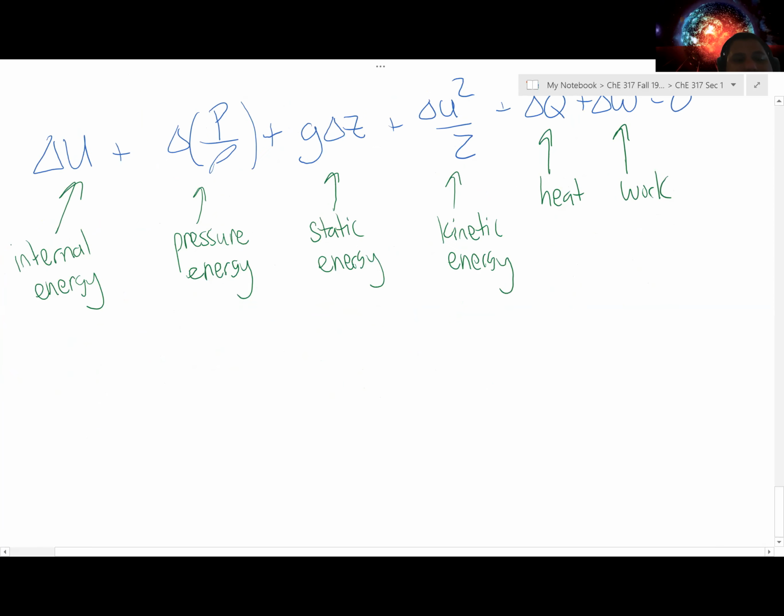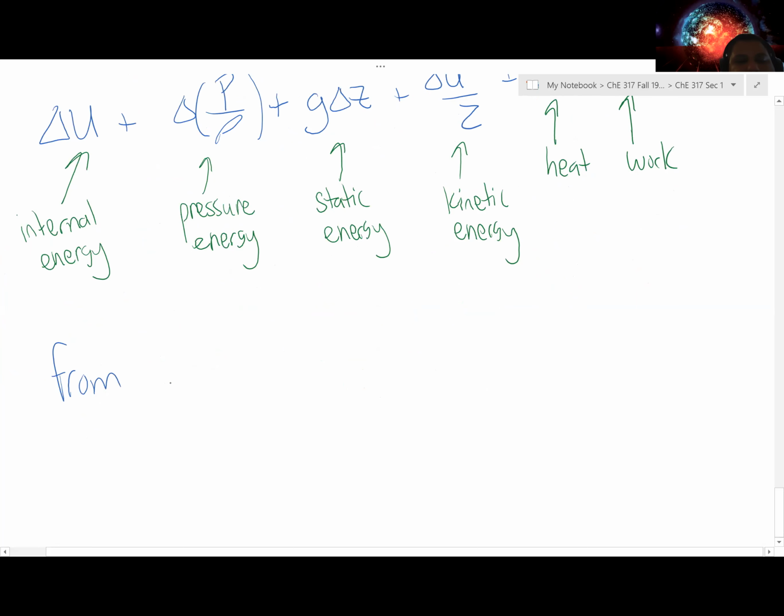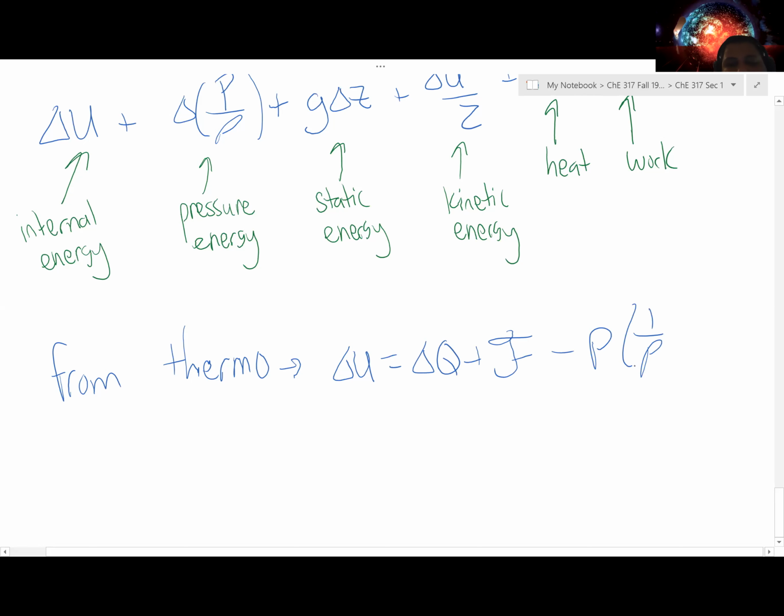Now from thermo, I can define our internal energy as delta Q plus F minus P times delta 1 over rho.